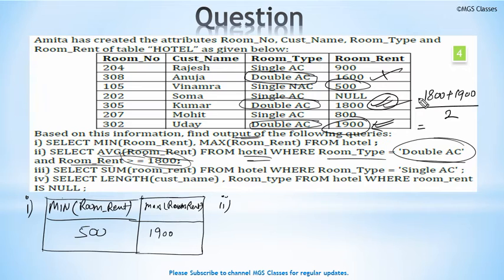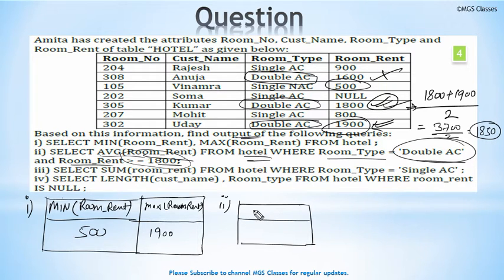So we add these values and divide by 2: 3700 divided by 2, and its value will be 1850. So the output, the average of room rent, will be 1850. That way you can answer.